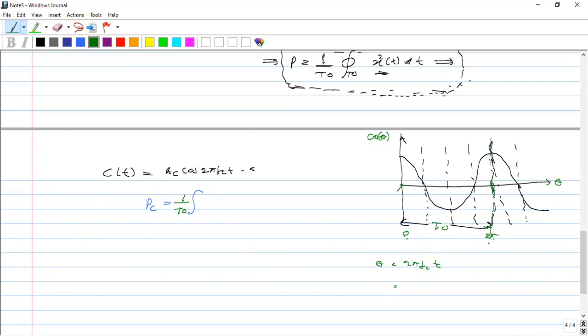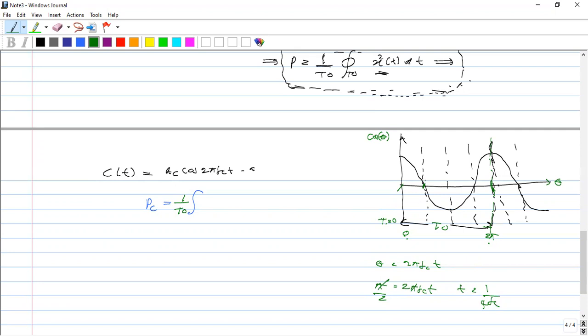So here t is equal to 0. Here t is also equal to 0, and at this time theta is equal to pi by 2. Here we have 2 pi fc t, then pi cancels out, and t is equal to 1 by 4 fc.